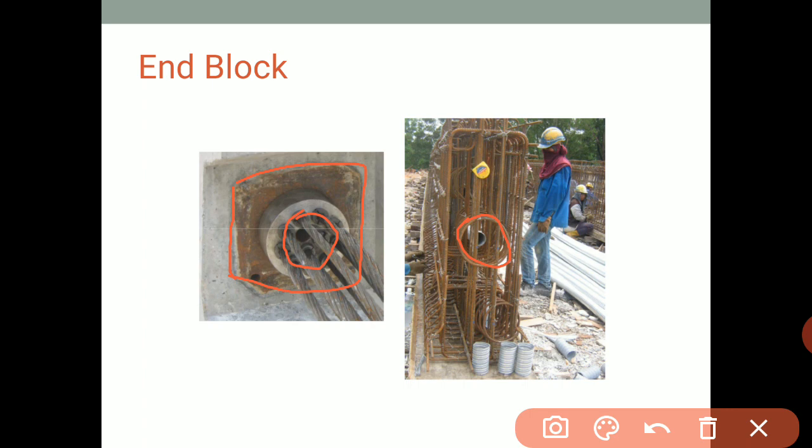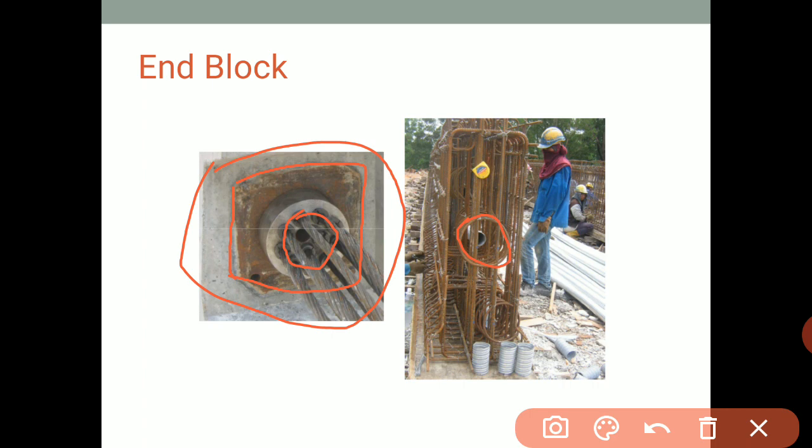But what happens in the area behind this anchorage plate? The stresses are very high, so there can be chances of a flared region, or there can be wear and tear some days after applying pre-stress.